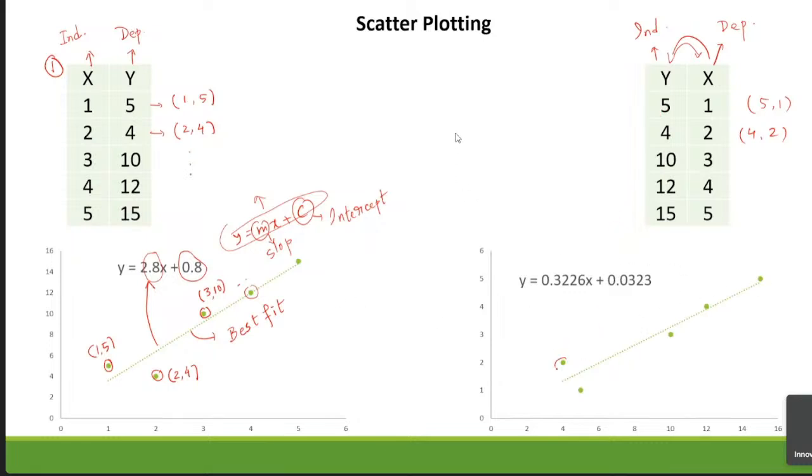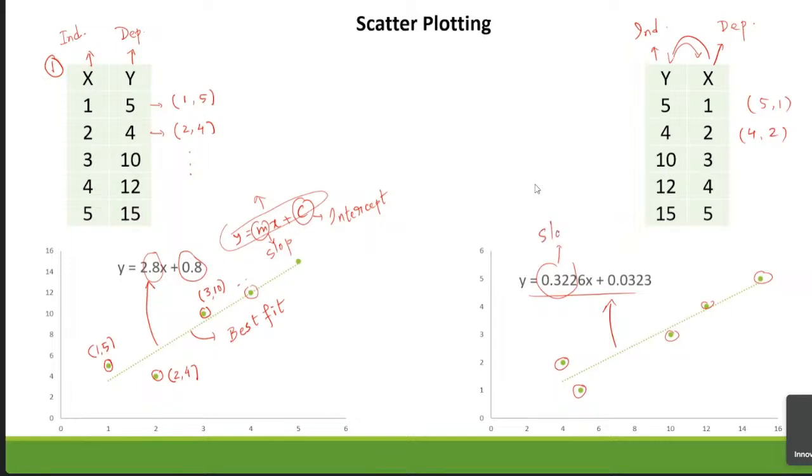So now these points are quite different, and we are also getting another line with the equation y equal to 0.322x plus this. If we interchange the plottings, you can see the equation is changed, and the slope is also changed here.